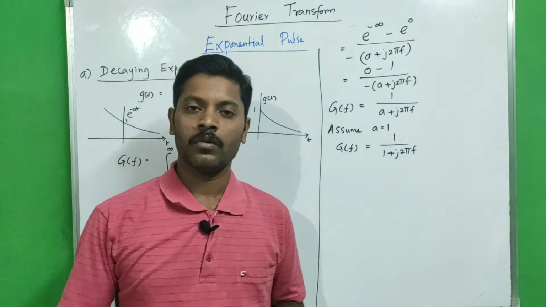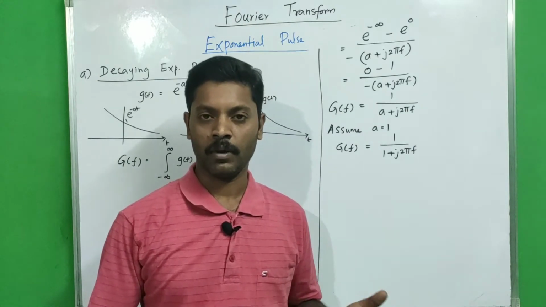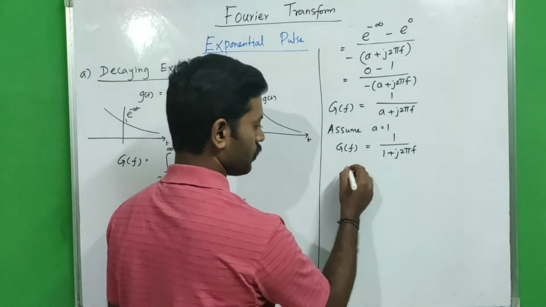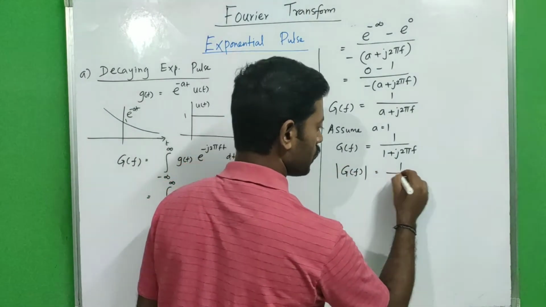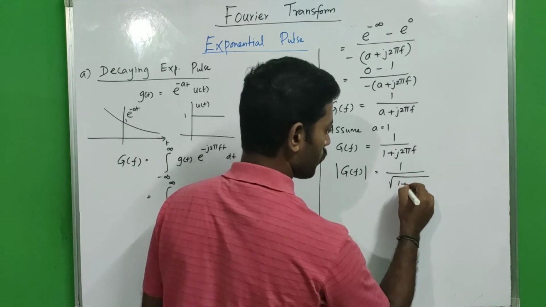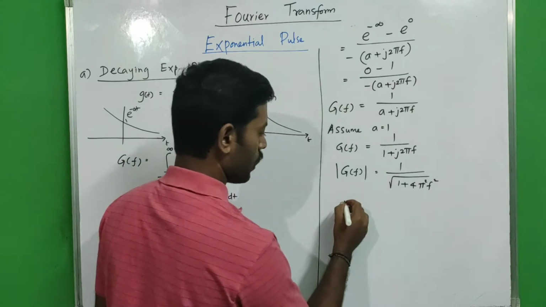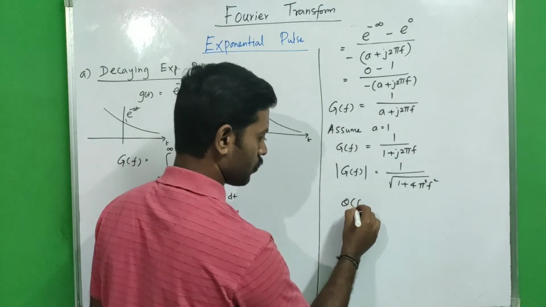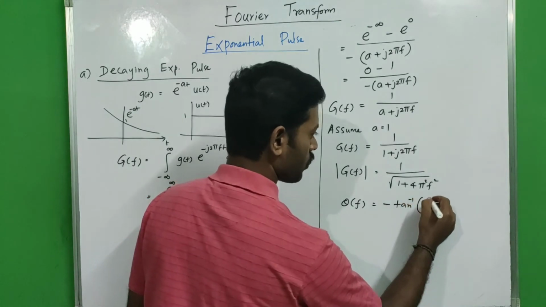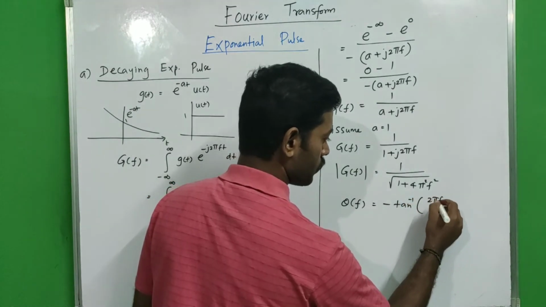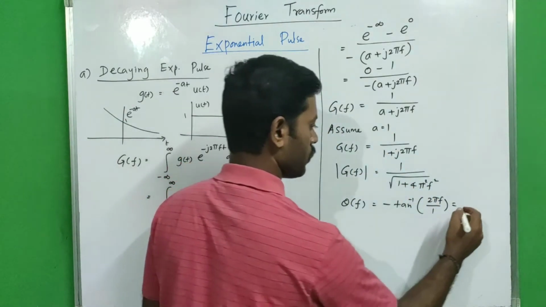We want to draw the magnitude and phase spectrum, so I am going to find the magnitude and phase. The magnitude, G of f modulus, equals 1 divided by the square root of 1 plus 4 pi square f square, and the phase theta equals minus tan inverse of the imaginary part 2 pi f divided by the real part, which is 1.